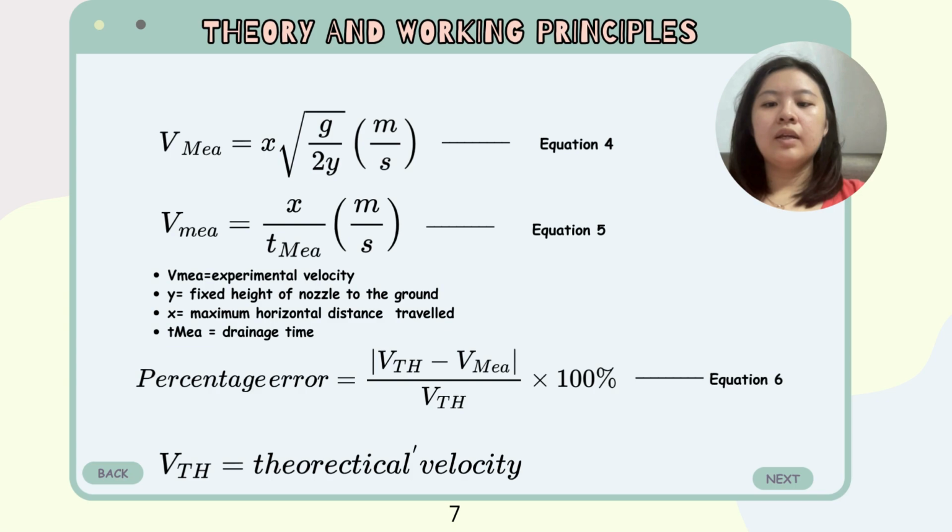T measure is the drainage time. For percentage error, we take the theoretical velocity minus the experimental velocity, divided by the theoretical velocity, multiplied by 100%. This is equation 6.